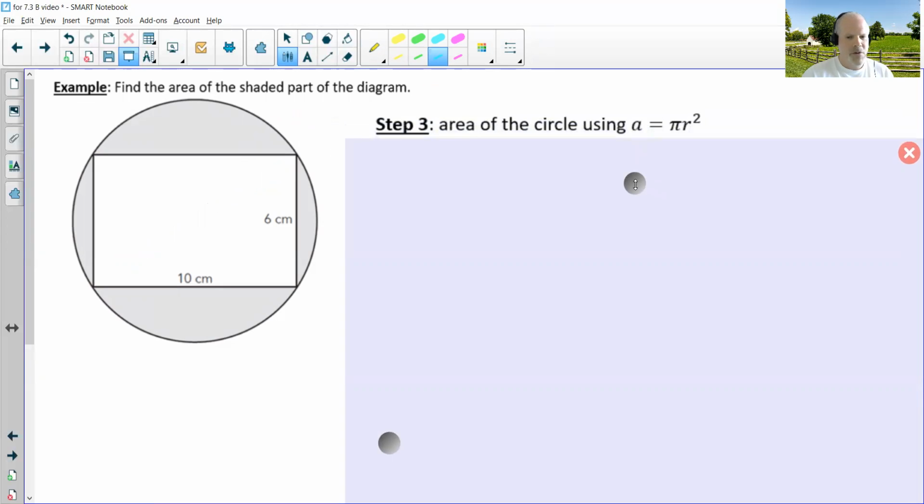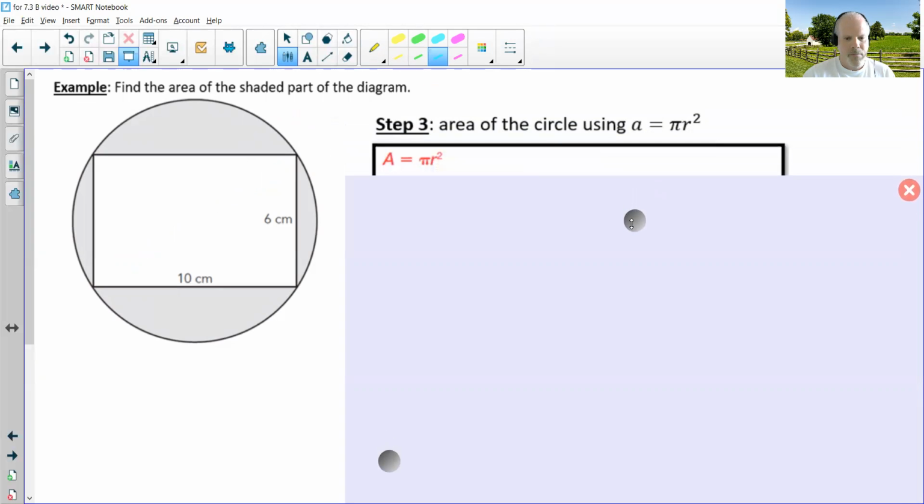The area of a circle, as I mentioned earlier, is A equals pi r squared. We will use 3.14 for pi. We'll use 5.85 for the radius because the diameter was 11.7, and half of that is 5.85.